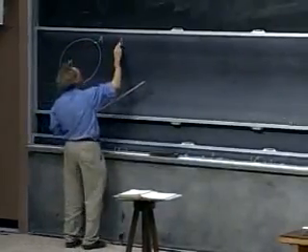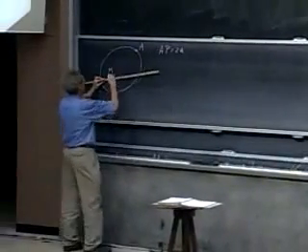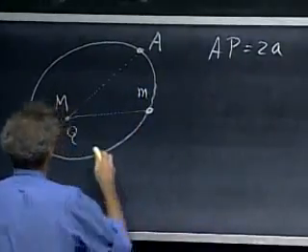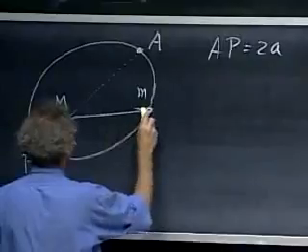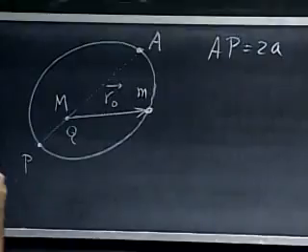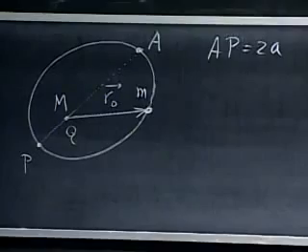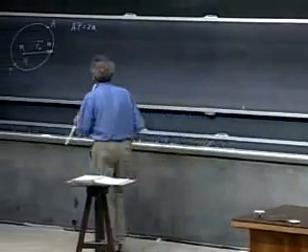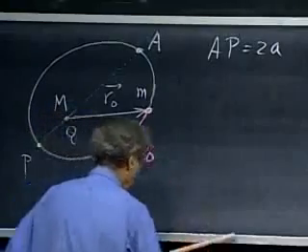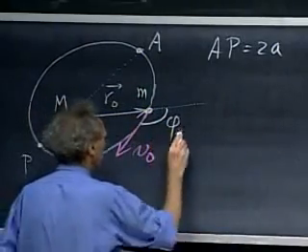So the distance AP equals 2a, a being the semi-major axis, and our object happens to be here, mass little m, and this distance equals r0. Think of it as being time 0. And at time 0, when it is there, it has a velocity in that ellipse. Let this be v0. And there is an angle between the position vector and v0. I call that phi 0.